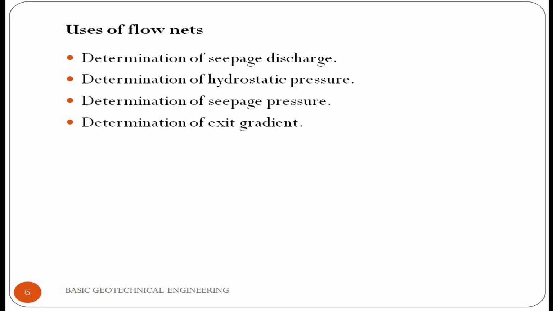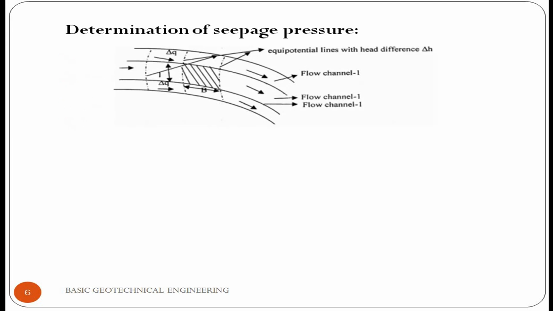So, let us see the uses of flow nets one by one. Number one is the determination of seepage pressure.